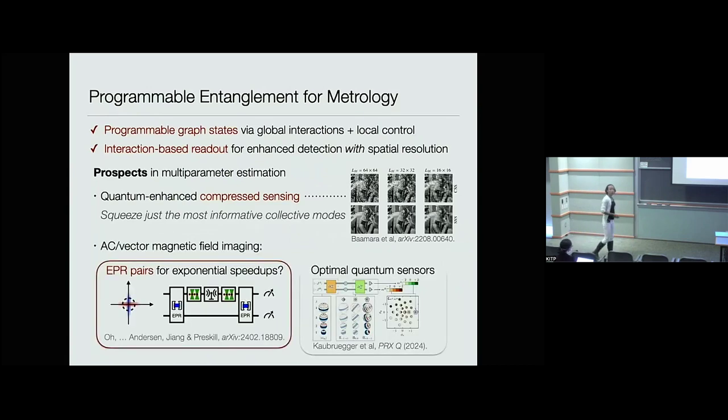Another direction that this programmable entanglement is a resource for is, I guess imaging is one type of multi-parameter estimation, but another even richer type of multi-parameter estimation is I want to have vector information about a field. And that might require actually sensing perturbations in non-commuting observables. And so another direction that these EPR states are useful for is precisely this type of task. And one thing I find fascinating here is there's even potentially a resource here for getting an exponential speedup if one can do this for many spatial modes.